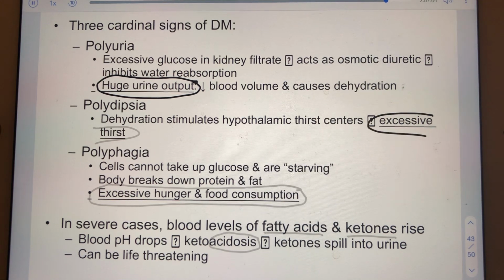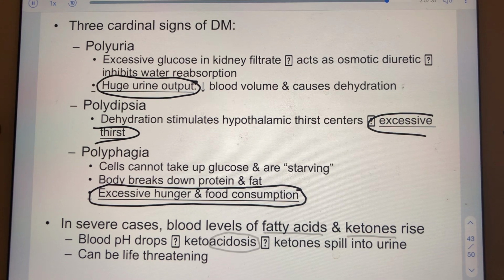Where did we see excessive thirst previously? Yes, diabetes insipidus. No wonder it's called diabetes, okay? Polyphagia, however, is excessive hunger and excessive consumption because the body thinks we're starving, okay? Not typically a symptom of diabetes insipidus, but a very typical symptom of diabetes mellitus.